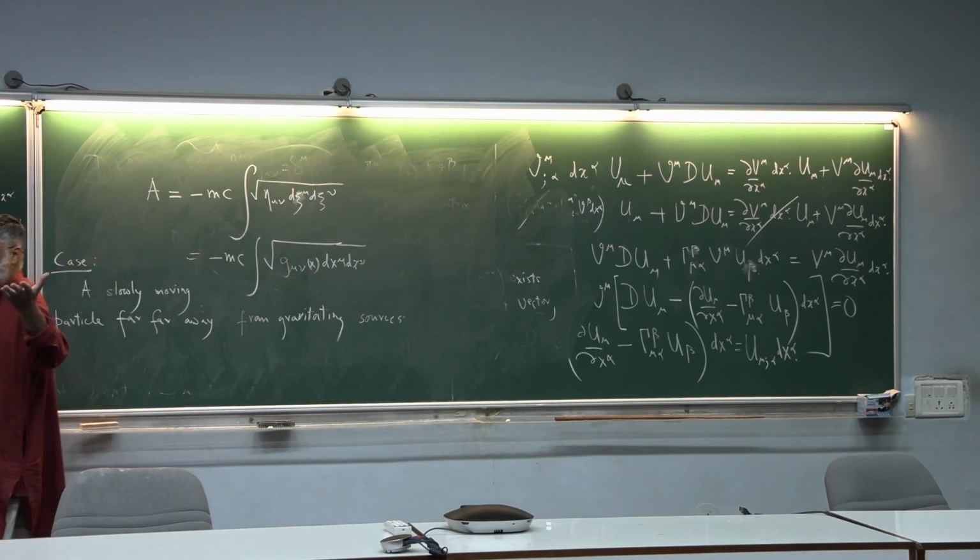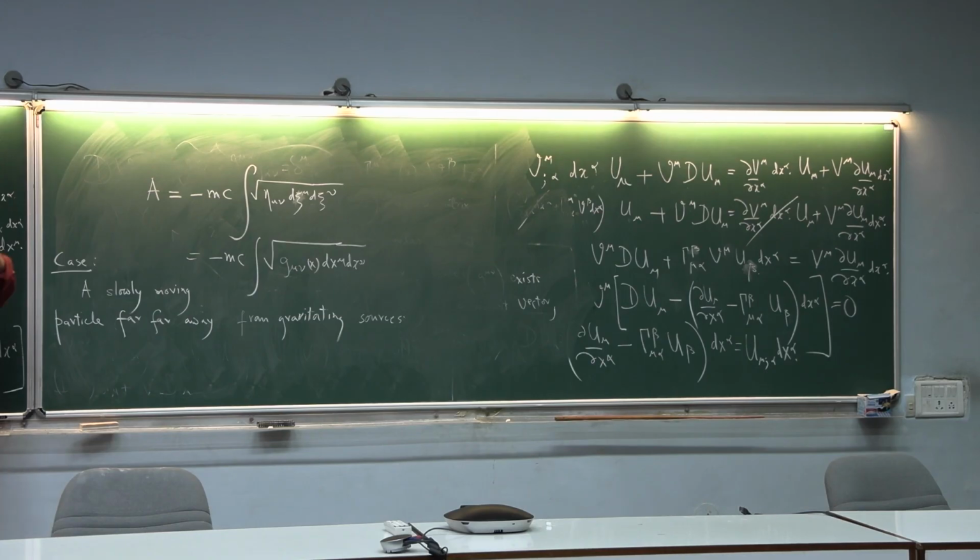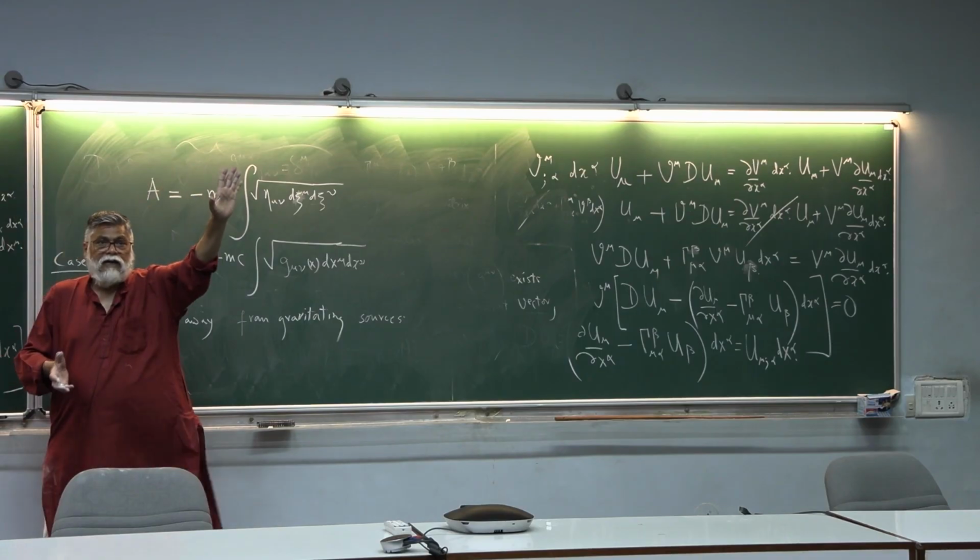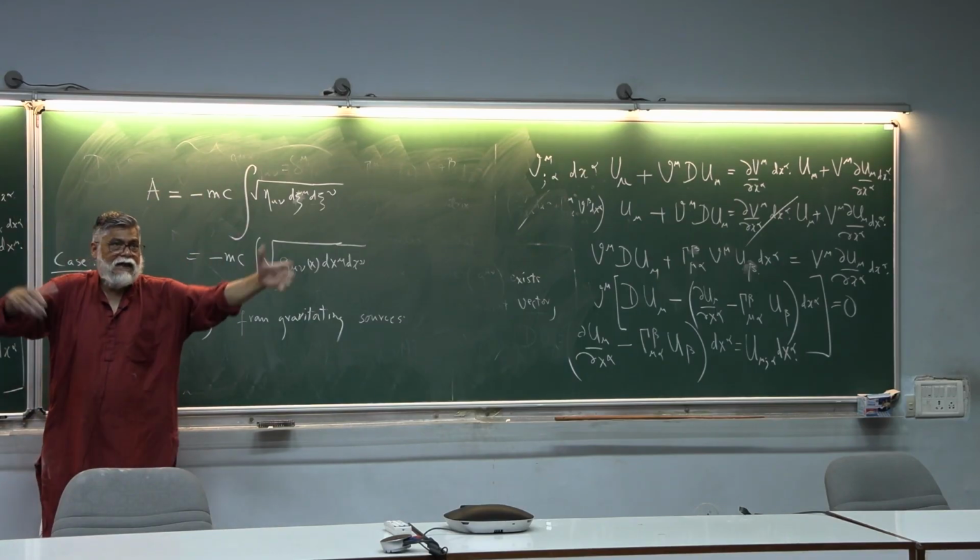But if it's too far away, I should be able to set up a coordinate system which is very much like Minkowski's coordinate system. But yes, gravity is not zero. There is matter present, right? You can't wish away the matter. No matter where you go, no matter, I mean, the English matter and the physical matter are coming in the language. So no matter where you go, you will always see stars and galaxies.